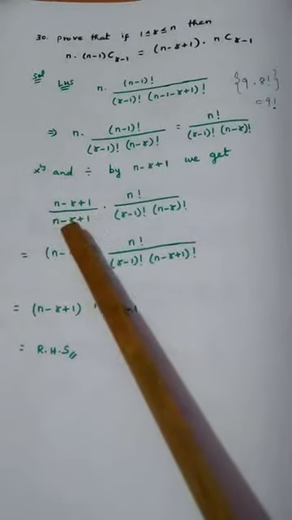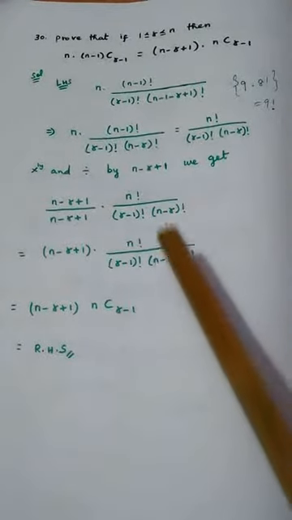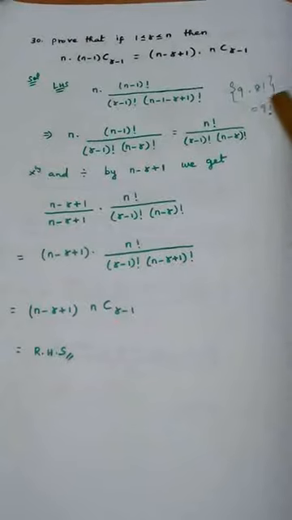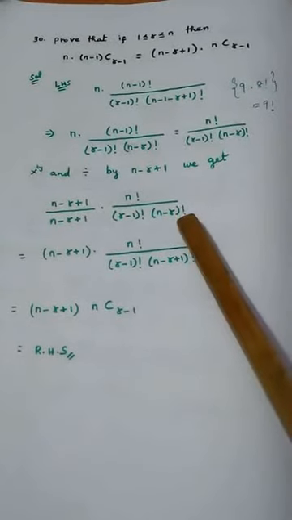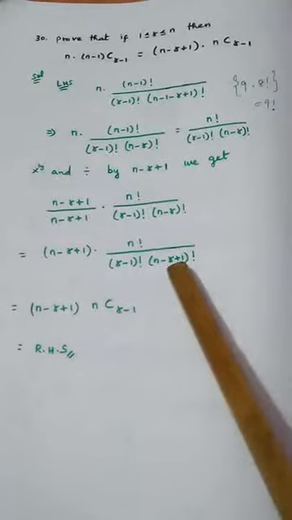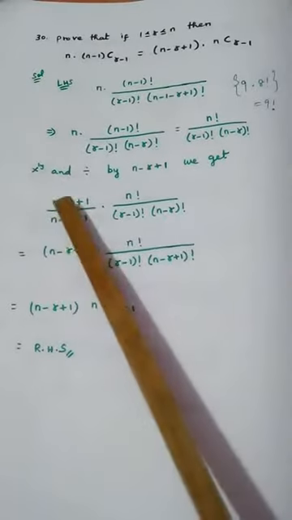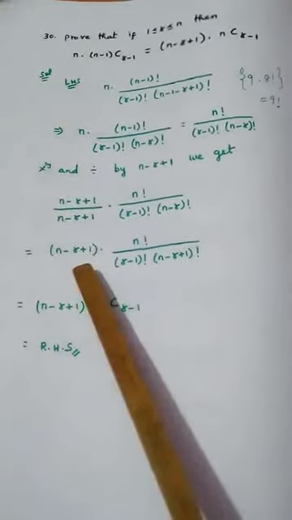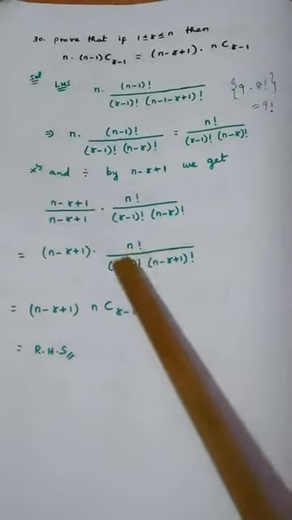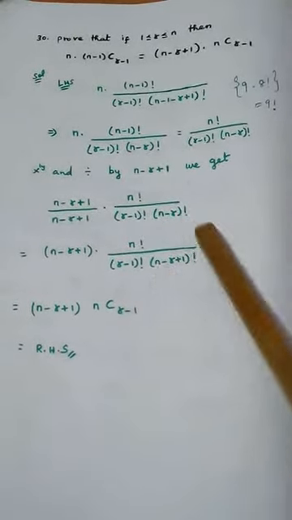When I combine n minus r plus 1 with this, what happens? (n minus r plus 1) factorial. Same concept like this. (n minus r) factorial we are having. When I combine this and this, it becomes (n minus r plus 1) factorial, and the numerator is as it is.